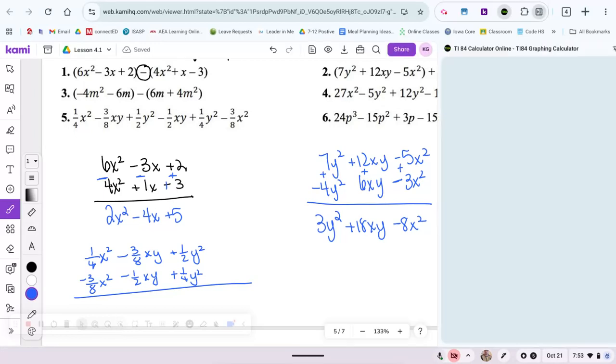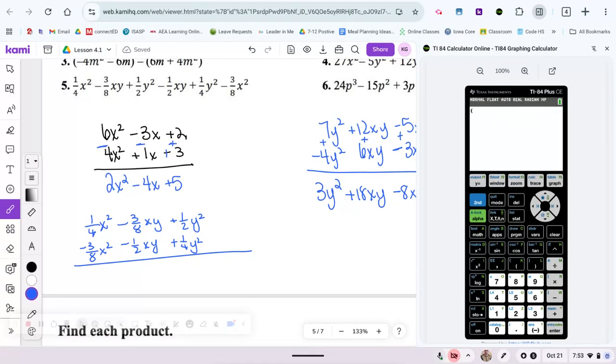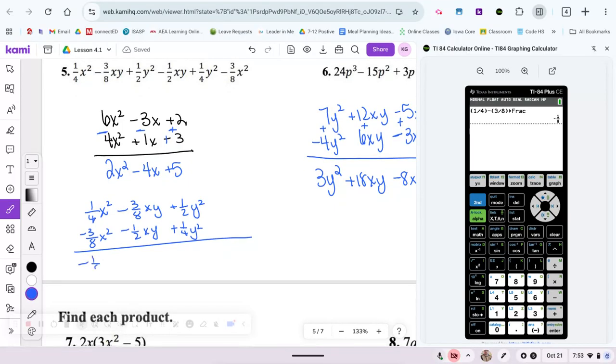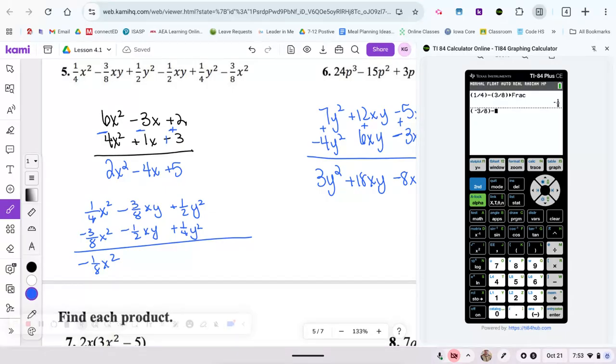And so I could do 1/4 minus 3/8. So negative 1/8 x squared. Negative 3/8 minus 1/2. Negative 7/8 xy. And 1/2 plus 1/4 is 3/4 y squared.